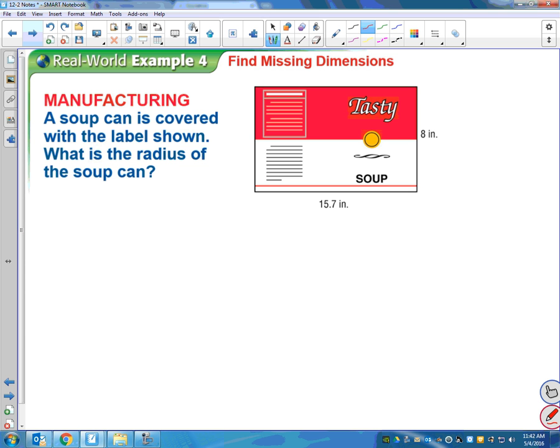So we could take our lateral area formula, which is just 2 pi r h, and just like they did with area formulas for two-dimensional shapes, they're going to ask you to find some missing parts, right? So, oh wait, I don't even need this, do I? I don't need the h, right? They gave me the circumference.